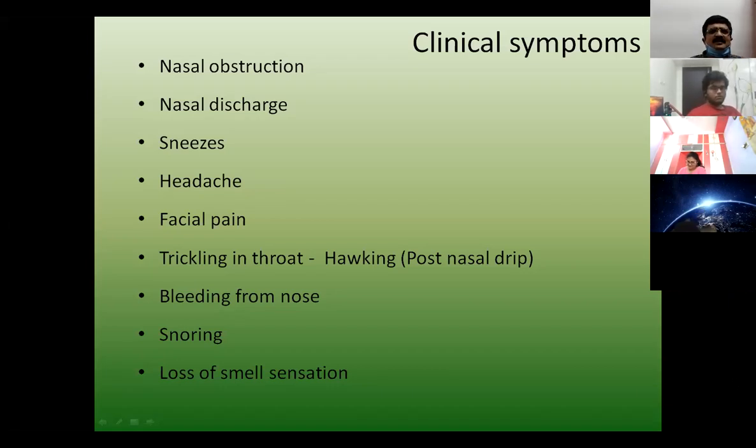There are three turbinates: the inferior turbinate, the middle turbinate, and the superior turbinate. Sometimes you also feel a supreme turbinate. There are three major turbinates in each nostril, in the lateral wall. The nasal septum is made up of cartilage and also bone.